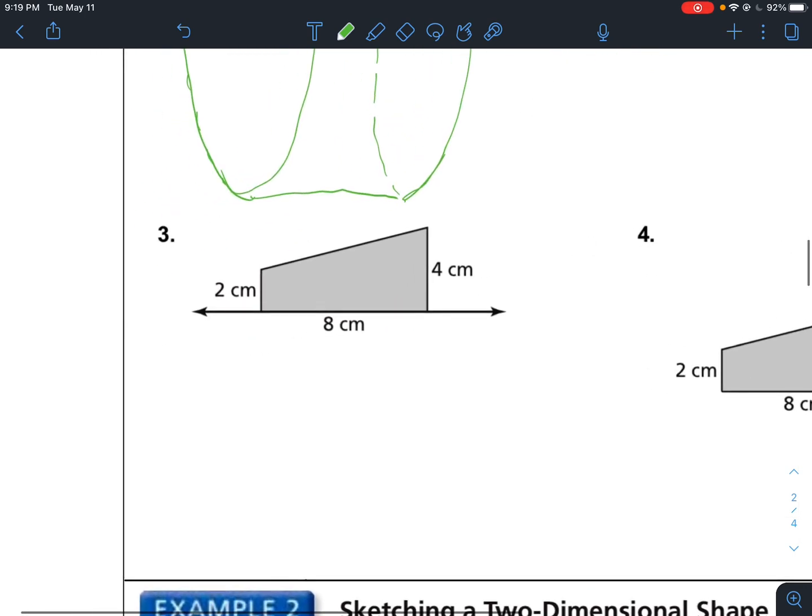For 3, so this one might be looking a little bit different, but just try and imagine what it would be like rotating it. So this line would make a circle like this. It would have to, because this line would have to go around in a circle like that. Same with this one, it would also have to go around in a circle.